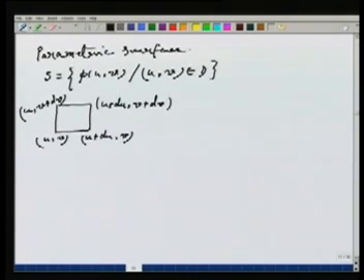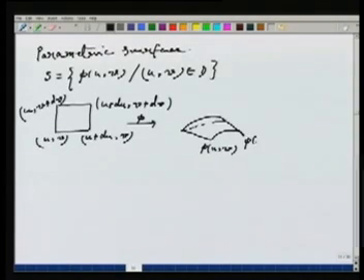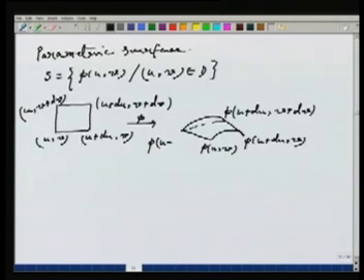Okay. This goes by phi to a curved surface, to a curved rectangle. So, the points are phi uv, phi u plus du v, phi u plus du v plus dv, then phi u v plus dv.